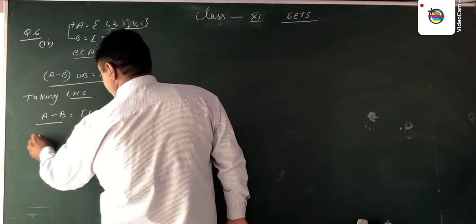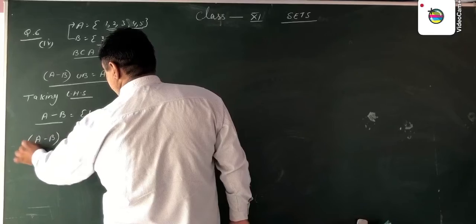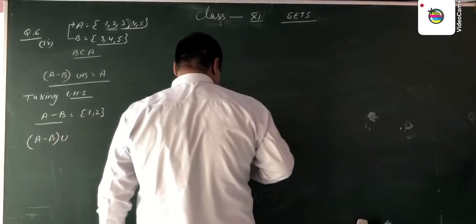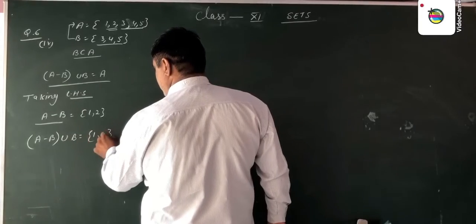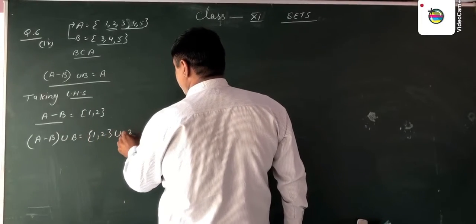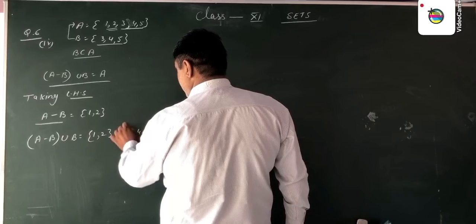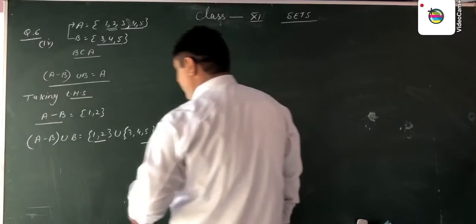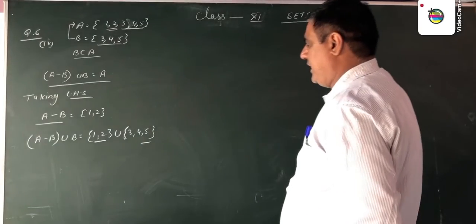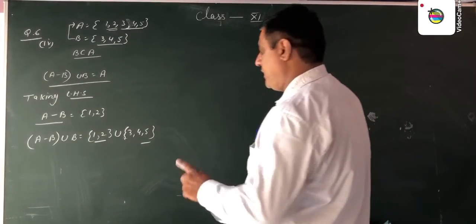Now A difference B union with B. A difference B is {1, 2}, union with B whose elements are 3, 4, 5. The union of two sets contains all elements of sets A and B, with the common elements written once.